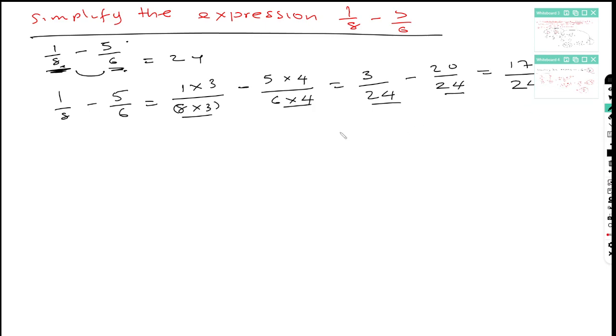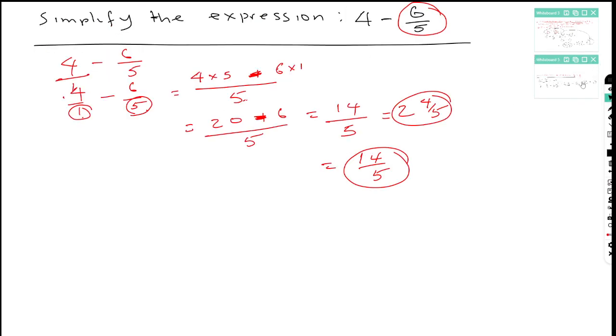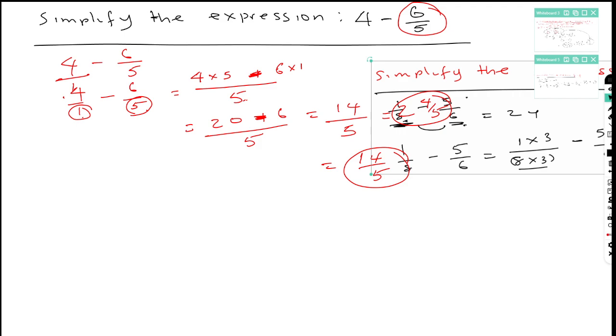So the answer is negative 17 over 24. Oh, I think my screen is getting too small. So that means negative 17 over 24. Okay, awesome.